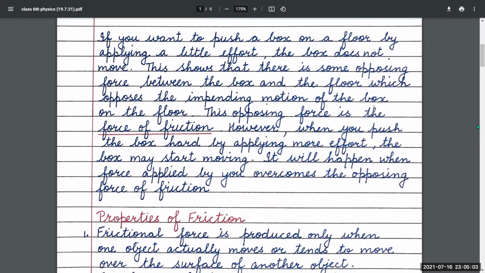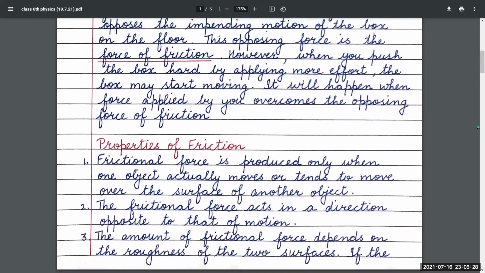This opposing force is the force of friction. However, when you push the box hard by applying more effort, the box may start moving. It will happen when force applied by you overcomes the opposing force of friction.